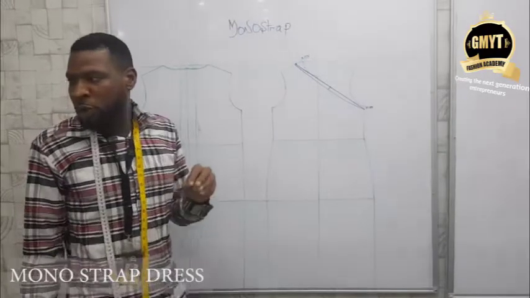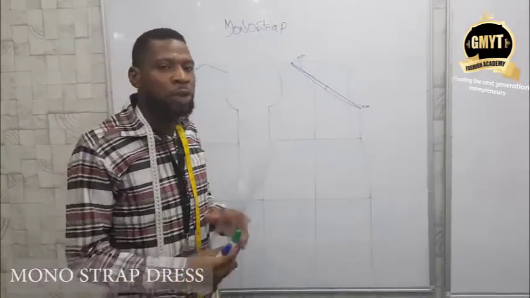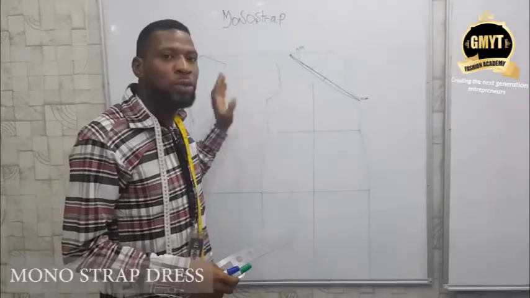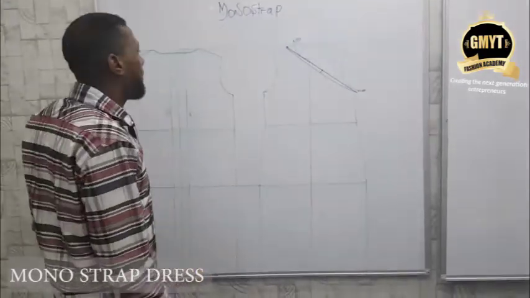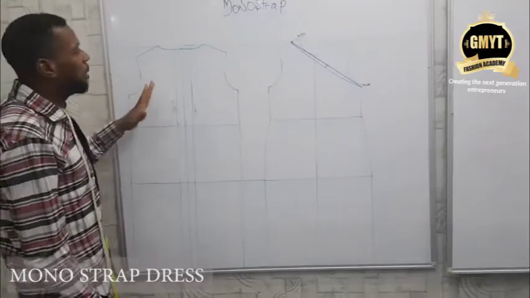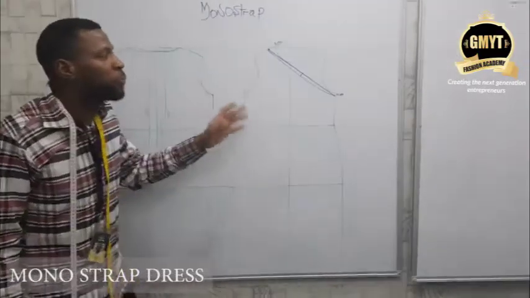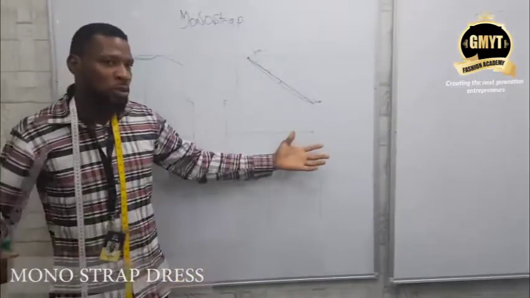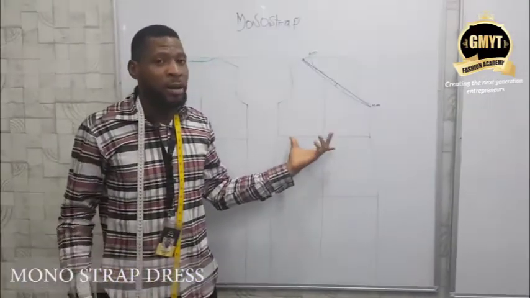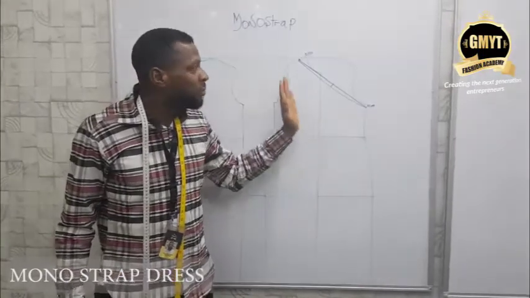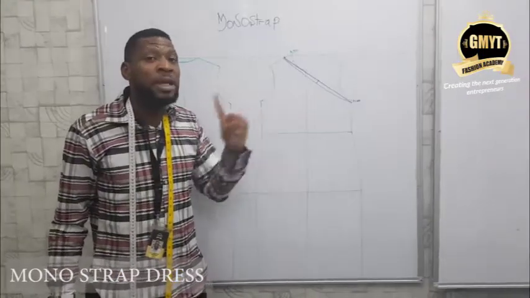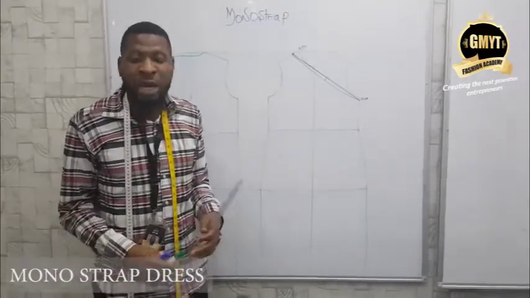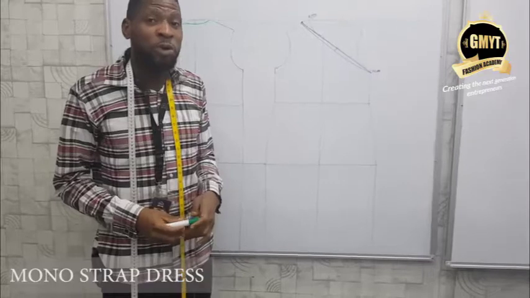Now, I will do a little bit of explanation with my miniature pattern to show you how to correctly cut out your monostrap dress. Now, let's go to the back. If you look at my pattern, this was the first pattern we are doing that engages having the full look of the pattern. I'm having my full front, so it's very impossible for anybody anywhere to draft a monostrap pattern when you are having a quarter scale draft of your body's block.